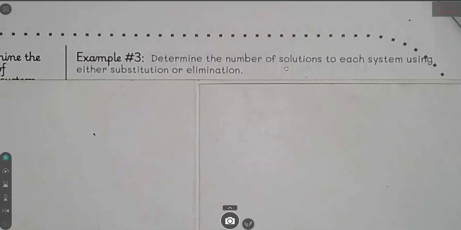So those are the three possibilities: one solution, no solution, or infinitely many solutions. Because there's only three possibilities, your team only has one chance to answer. Whenever you have your answer, make sure everyone at your table agrees before you hold up your board.